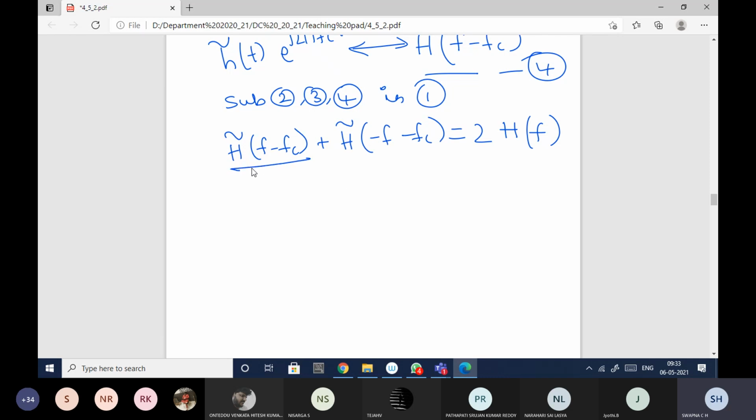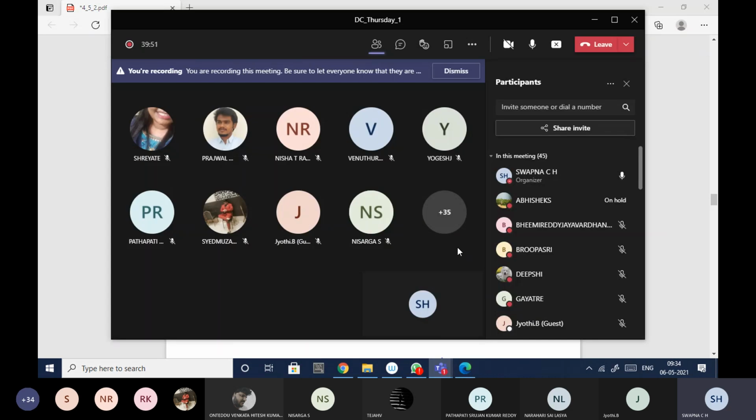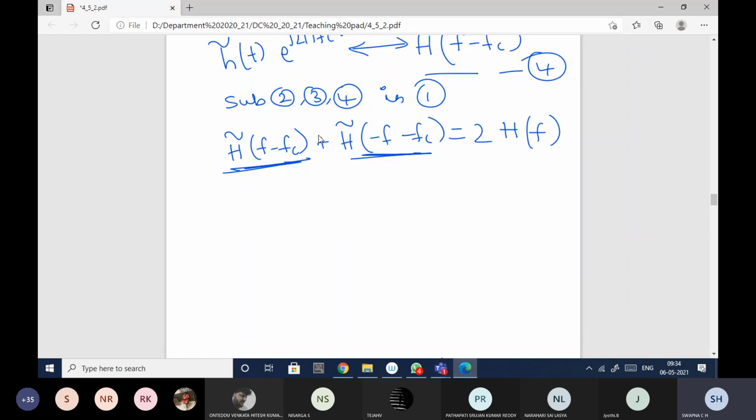Can anybody tell me what will be the spectrum of this? Are you able to see my screen? Yes, ma'am. Okay, fine. So this representation is fine for everybody, right? Anybody have doubts until here?